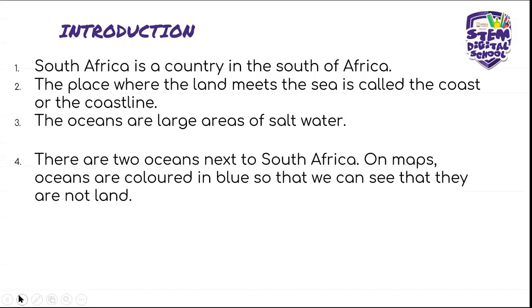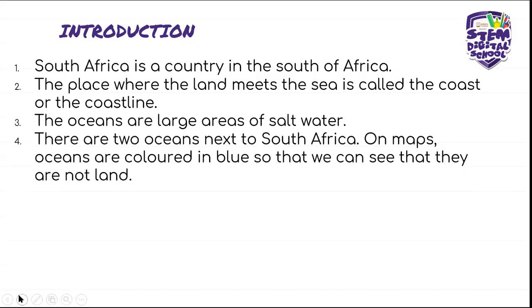There are two oceans next to South Africa. On the maps, oceans are colored in blue so that we can see that they are not inland, within our provinces. No, they are outside. They cover South Africa and they are colored in blue, so you'll be able to see them. I'm going to show you an example of how they are colored.